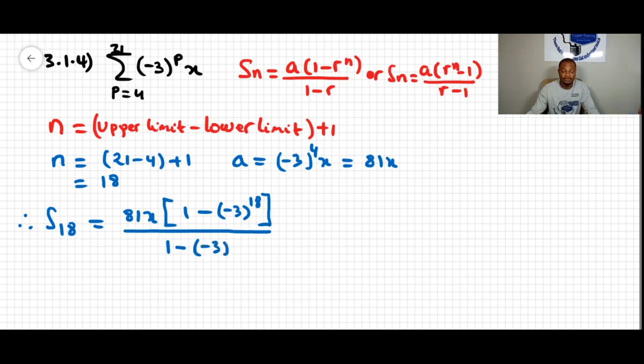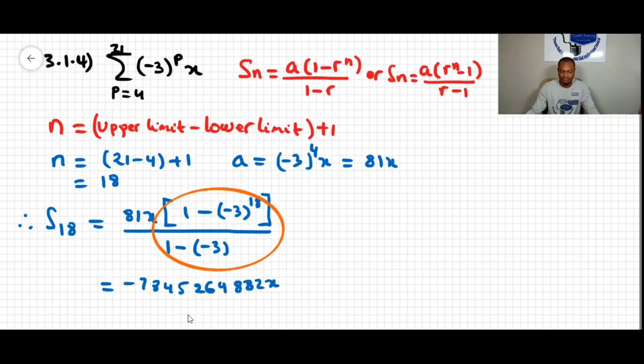Working this out in the calculator, whatever fraction we get, we multiply by 81x. This will be equal to -7 845 264 88 2x. So thank you.